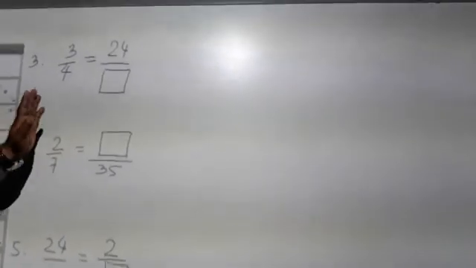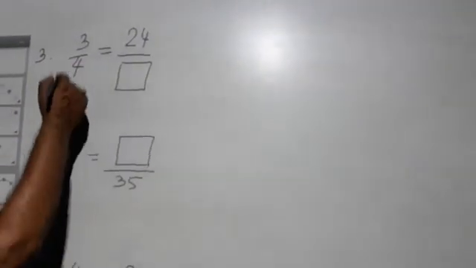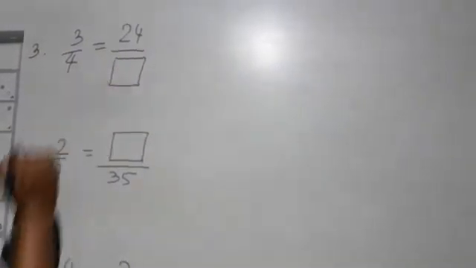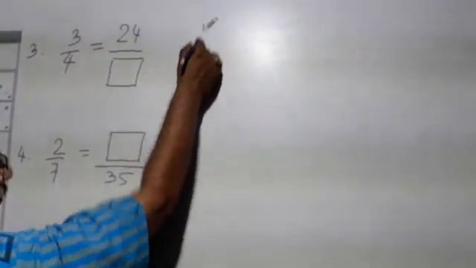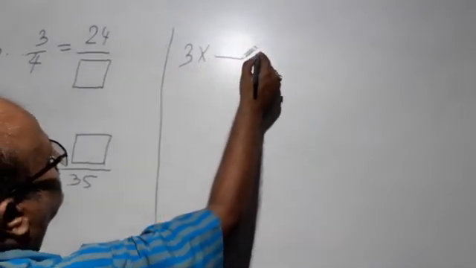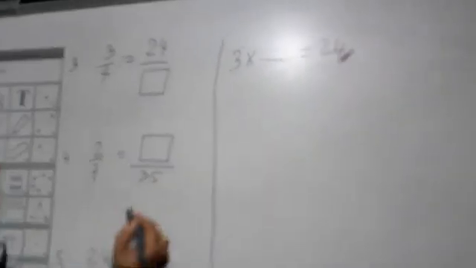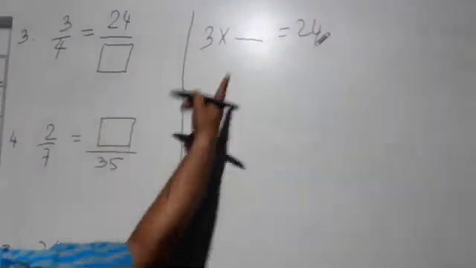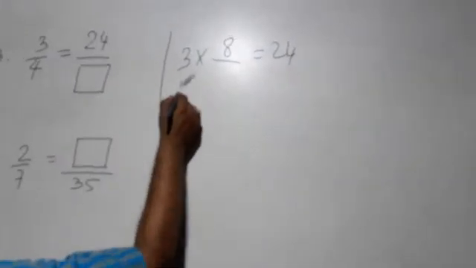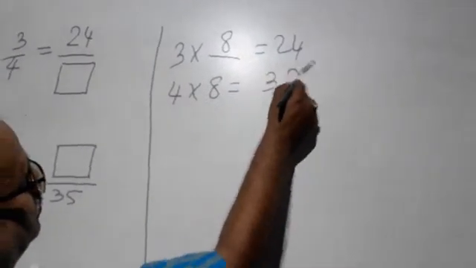So now let us see how the equivalent fractions are useful. 3 by 4 is equal to 24 by dash. Now what will come in the place of dash? Let us see. So 3 into dash is equal to 24. So 3 is multiplied by what to get 24? 8. So similarly 4 should also be multiplied by 8. Then we get 32.